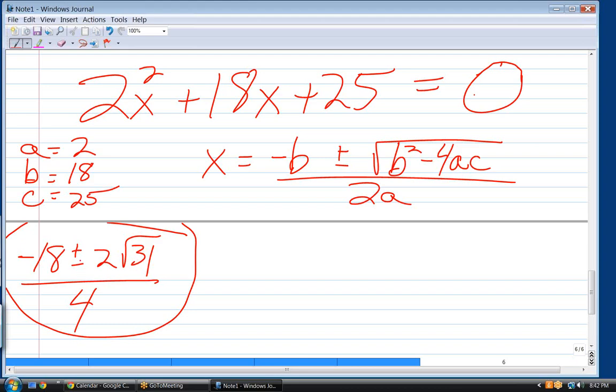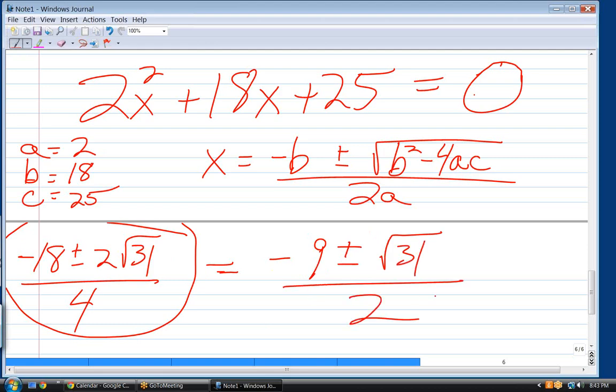What I'm going to do is divide the top by 2 and the bottom by 2. Turns the top into minus 9, plus or minus, this 2 goes away, and the bottom becomes 2 instead of 4. You see how this turns into this?